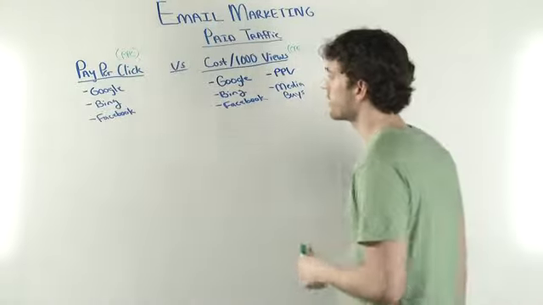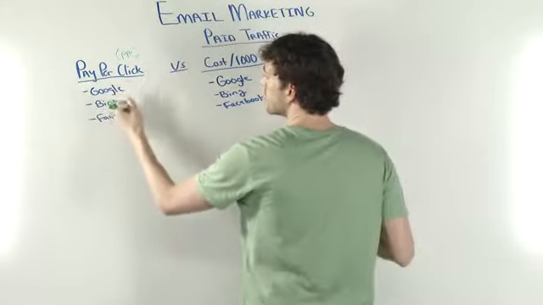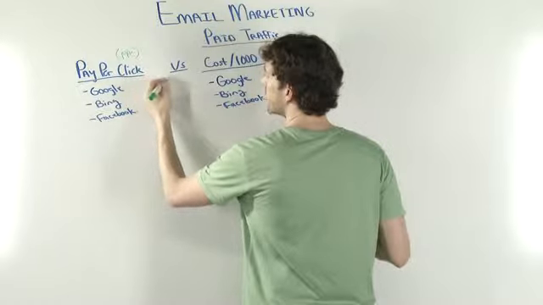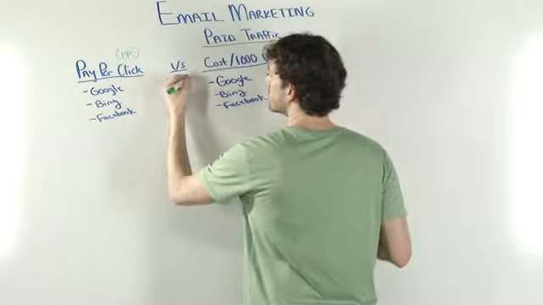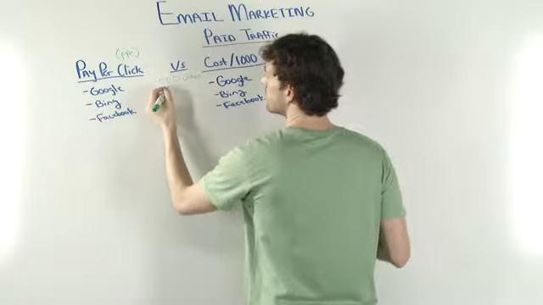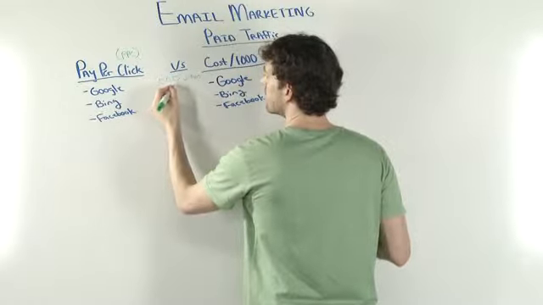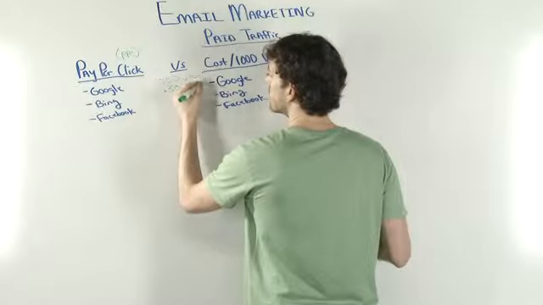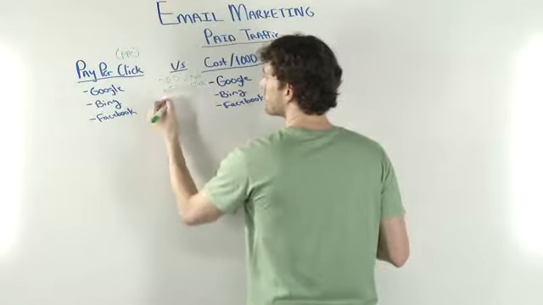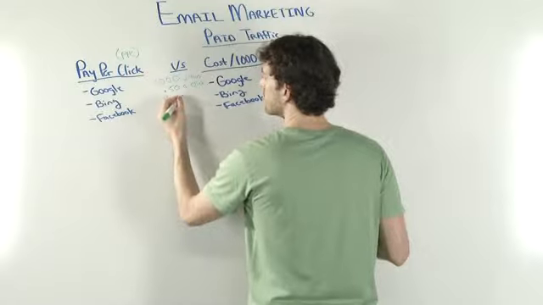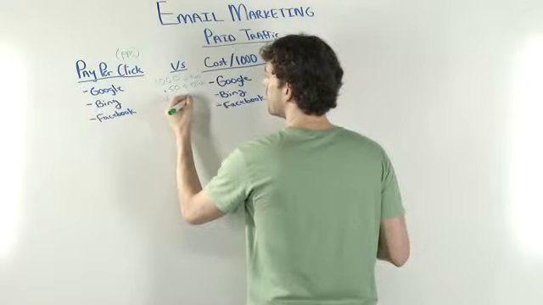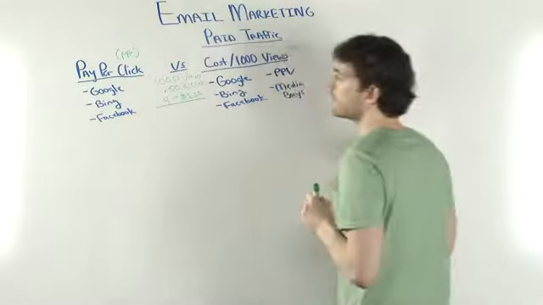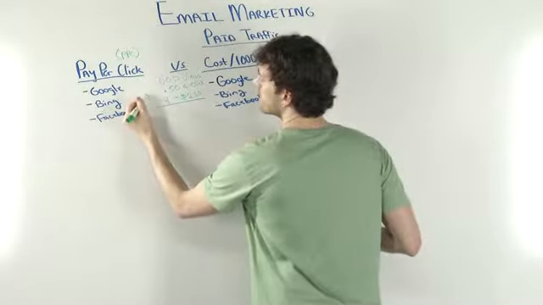Let me give you an idea of how this works. If you were doing cost per click advertising right here, let's say you had 1,000 views and you were paying 50 cents a click. Let's say out of the 1,000 views, you got 4 clicks, which equals a $2 spend. That would be PPC.